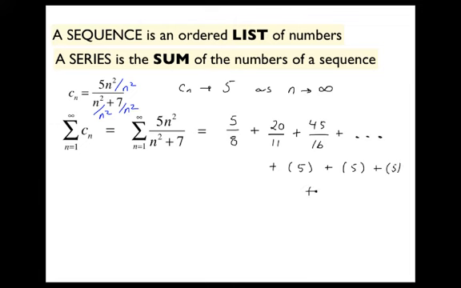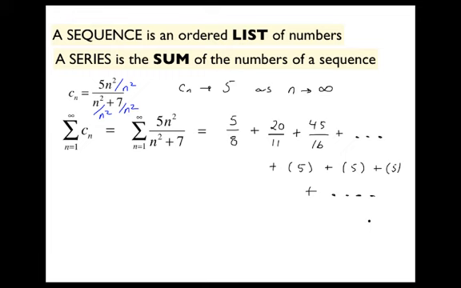And how many of those will we have? So now let's talk about the series. What will the series be like? That'll be infinity. Why? Because you're going to add an infinite number of essentially 5s together.